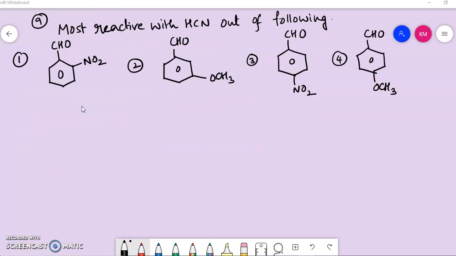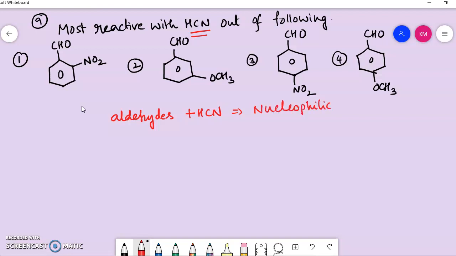See the next question here, guys. They have given: most reactive with HCN out of the following. All these are aldehydes, guys. Aromatic aldehydes, substituted aromatic aldehydes are given. Reaction of aldehydes with HCN is nothing but nucleophilic addition reaction.